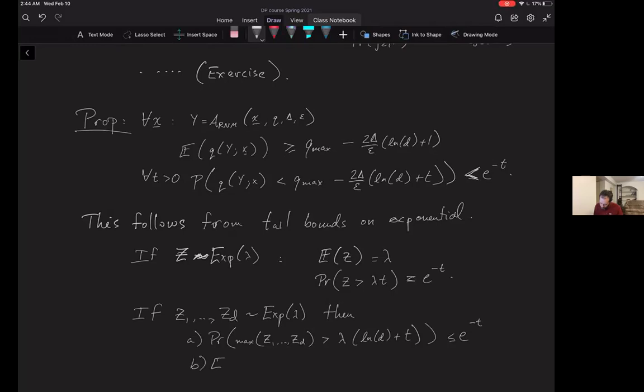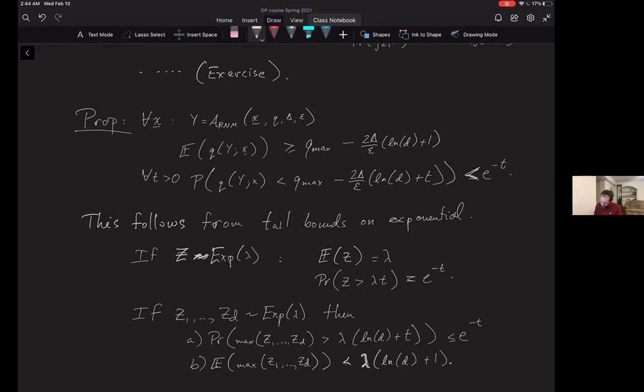And a consequence of that is that the expected value of this maximum is less than lambda times log of d plus 1. Okay.